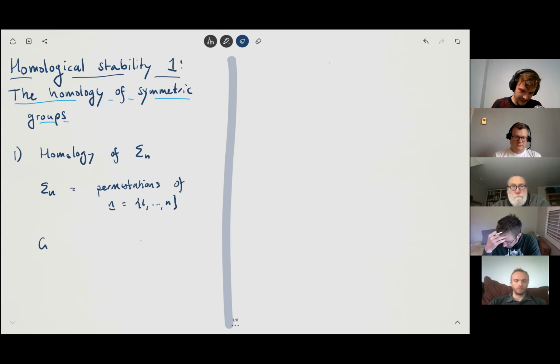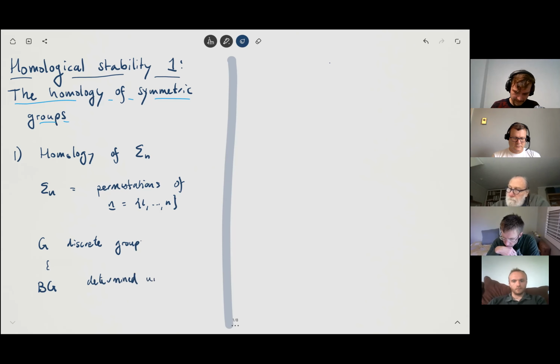So whenever you have a discrete group G, there is a space BG, which is determined uniquely up to homotopy equivalence by demanding that almost all of its homotopy groups vanish, except one.